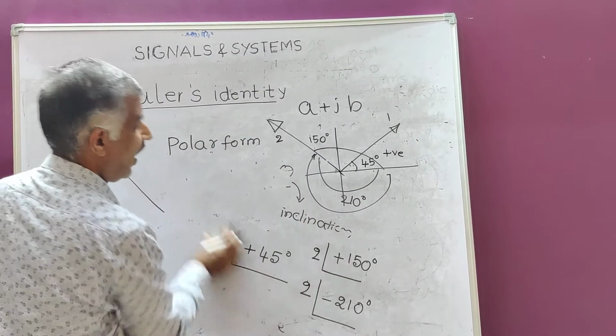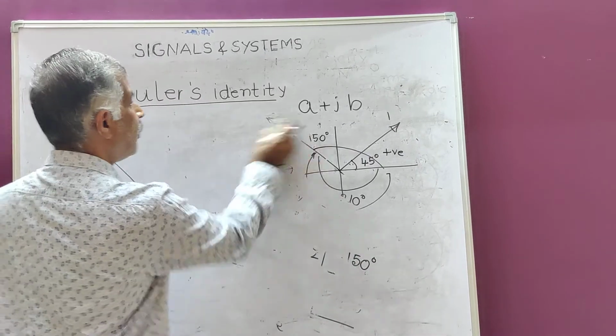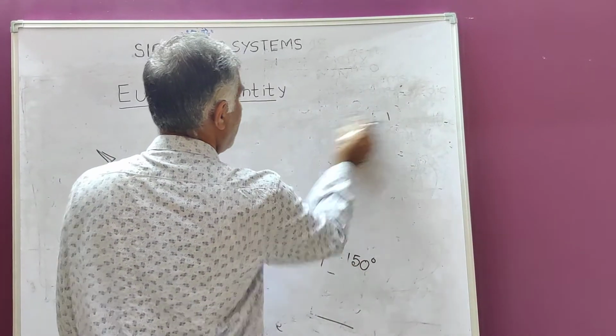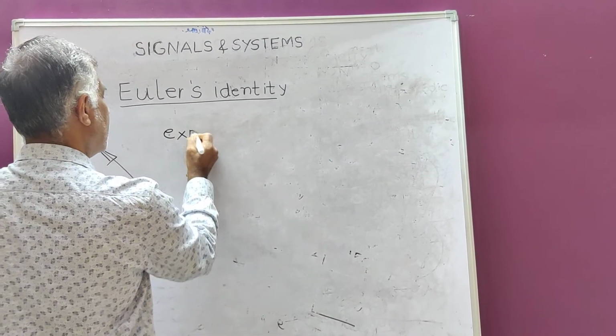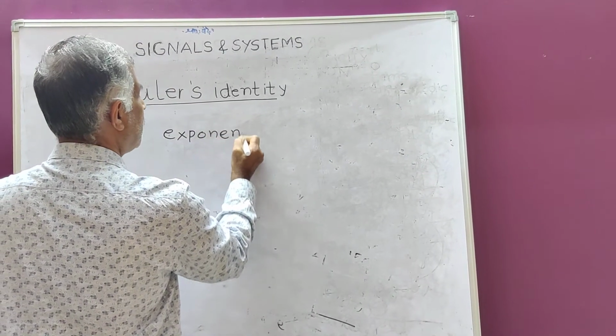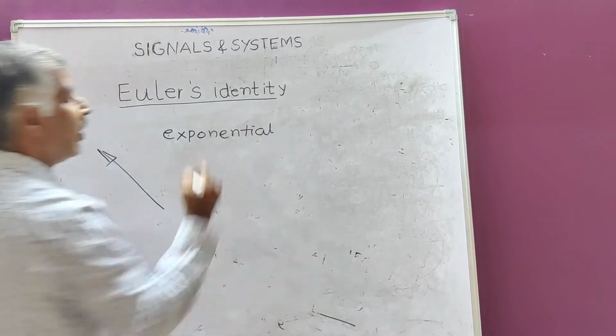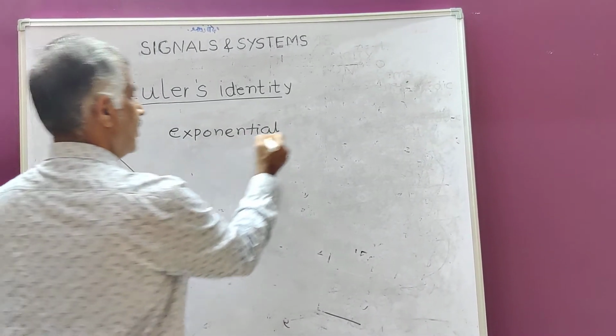Lastly, I will take up what is known as exponential notation. Once you understand exponential notation, then I will concentrate on Euler's identity.